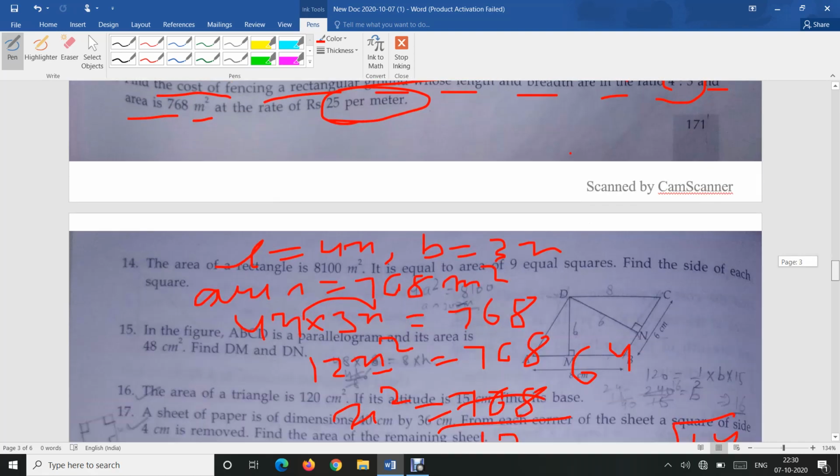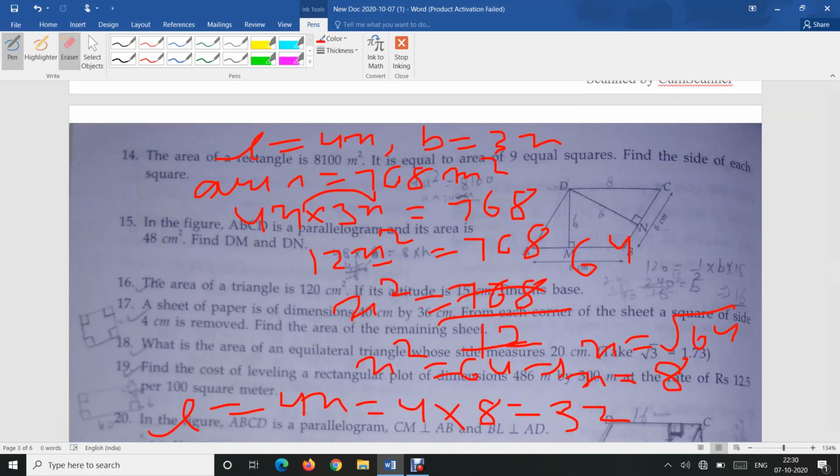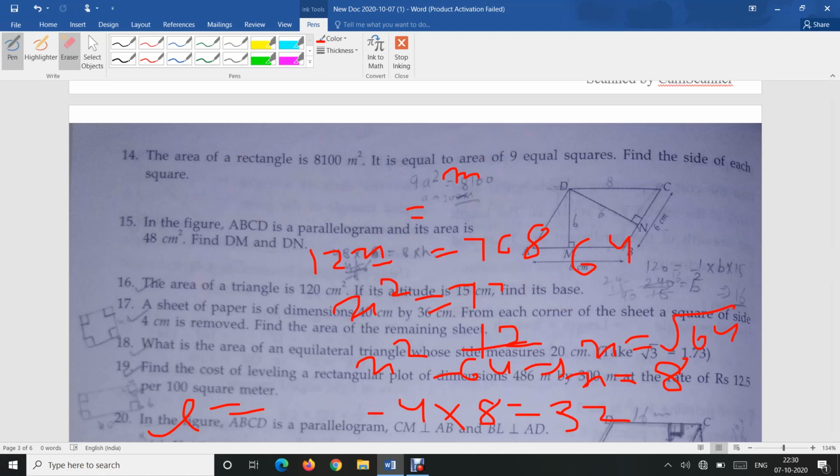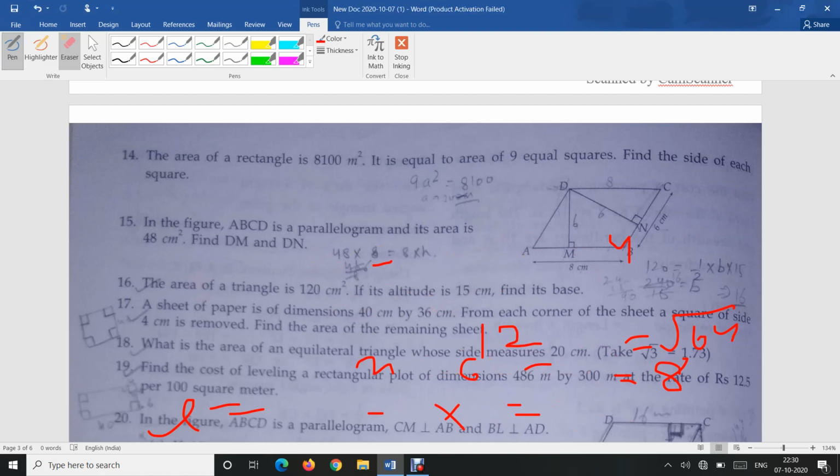Now let's see question number 14, and question number 14 is saying the area of a rectangle is 8100 meter square. It is equal to the area of 9 equal squares. See, the area of the rectangle is 8100 meter square.